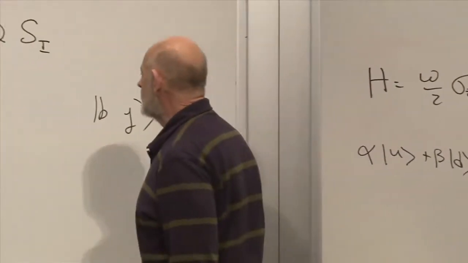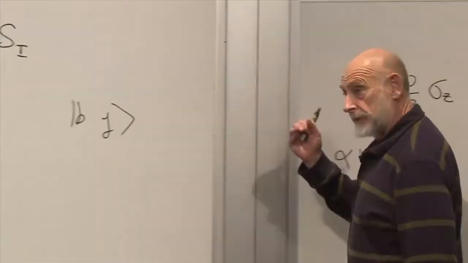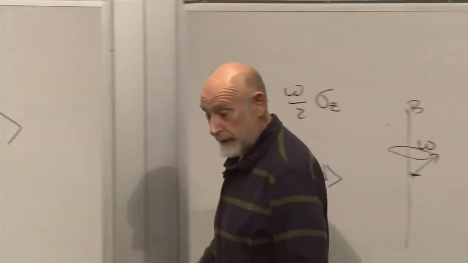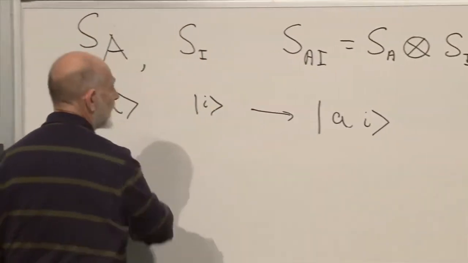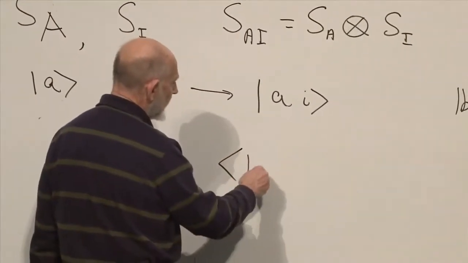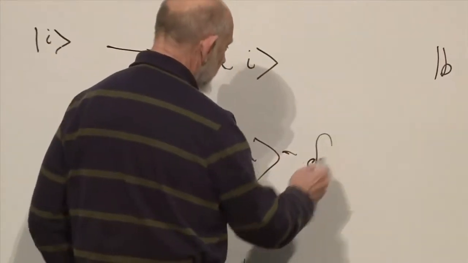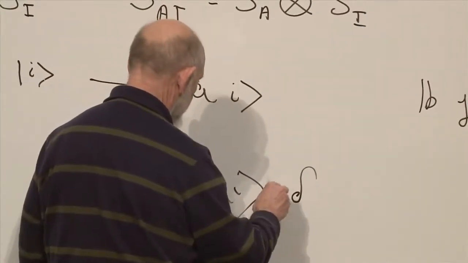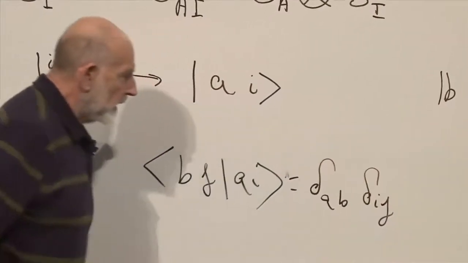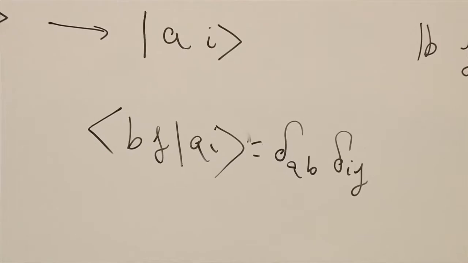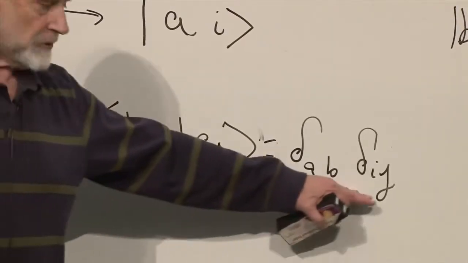If A and I are not the same as both B and J, the inner product is 0. I can write an equation for that. The inner product of BJ with AI is equal to delta, Kronecker delta, AB, Kronecker delta IJ. If I is not equal to J, or A is not equal to B, this is 0.